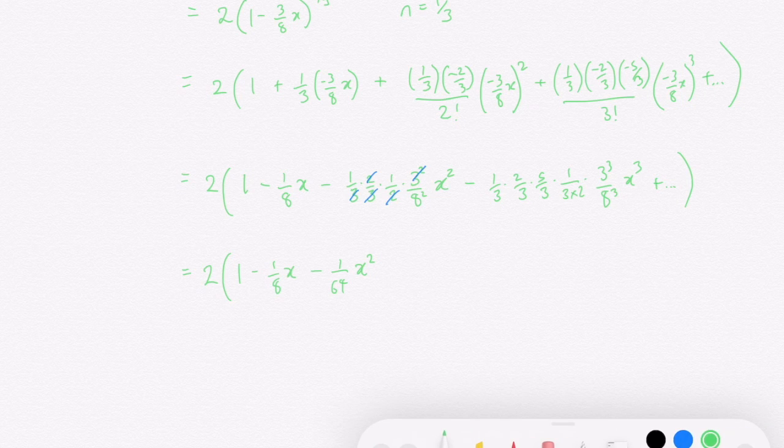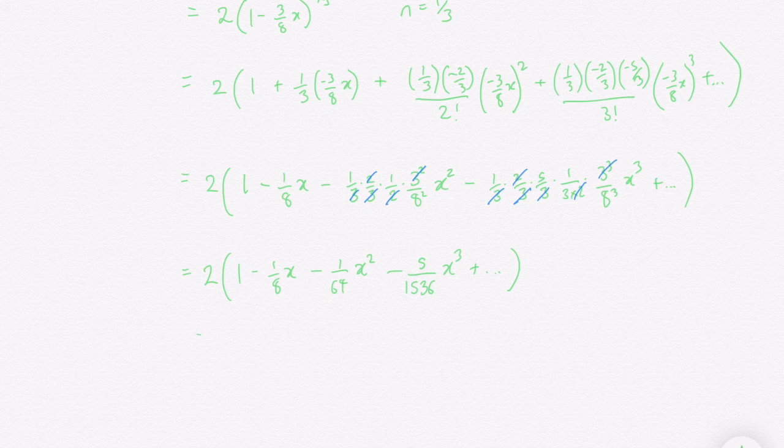And in this next term, again cancelling factors, these 3 3's cancel with the 3 cubed. The 2 cancels here. So this is subtract 5/3 times 8 cubed, which is 1,536, lots of x cubed, plus the remaining terms.